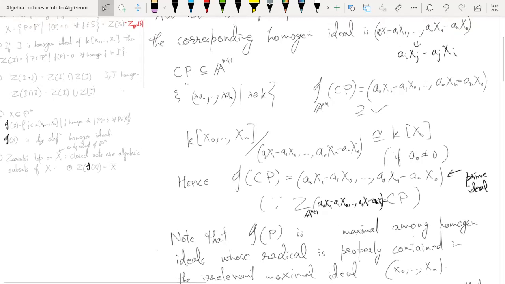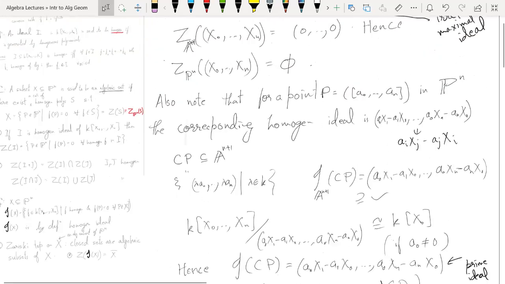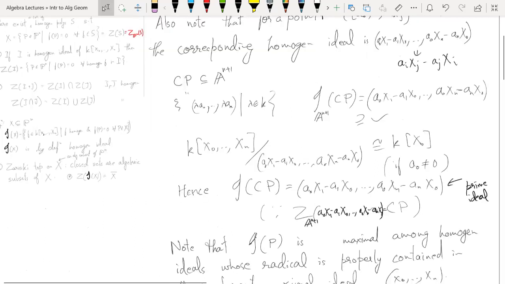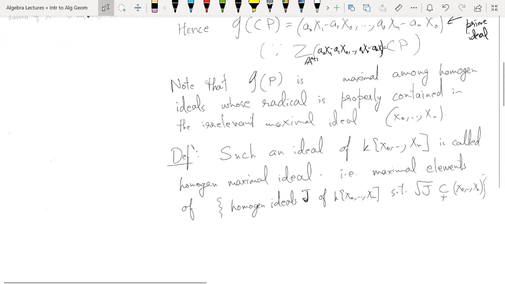Points in P^n do not correspond to homogeneous maximal ideals in K[x0, ..., xn], because most of the maximal ideals are not homogeneous. There's only one which is homogeneous. So we can't expect a bijection between maximal ideals of K[x0, ..., xn] and points of P^n. But there is a bijection between ideals maximal among a certain other class of ideals and points of P^n.